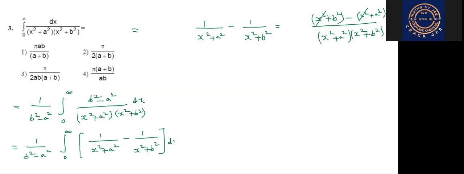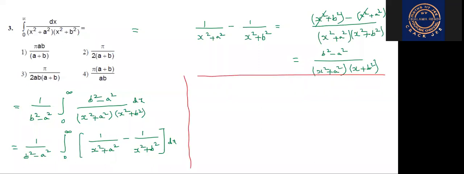Students, do you understand? If you calculate, what will come in the numerator? B square minus a square. The denominator part is x square plus a square into x square plus b square. Now follow the reverse method. Right. Now observe, that is equal to 1 by b square minus a square.